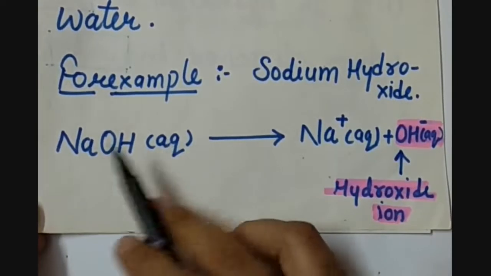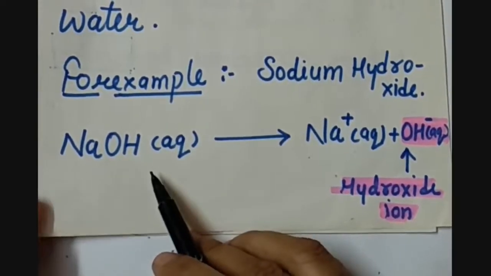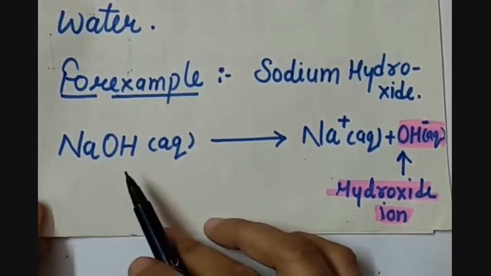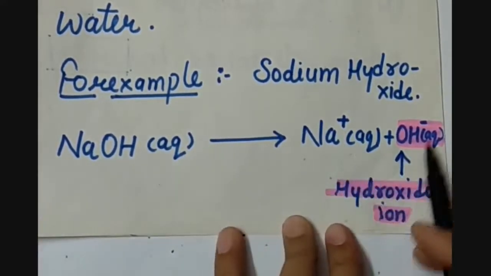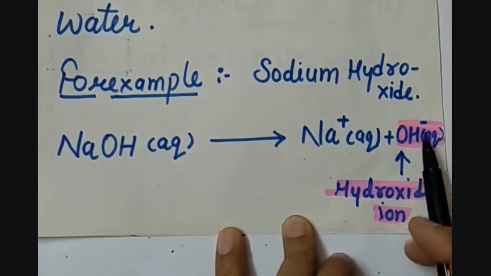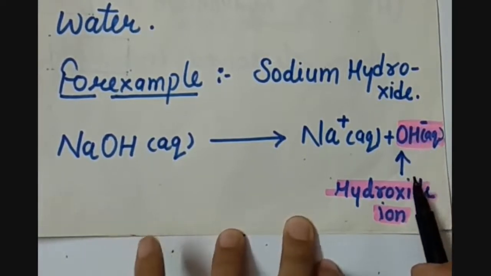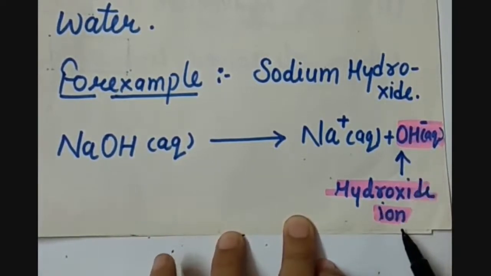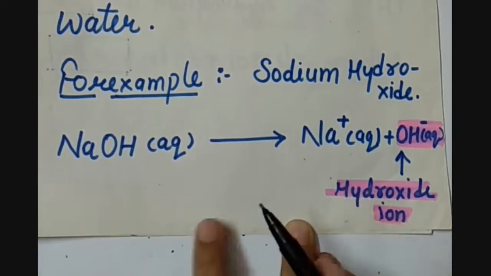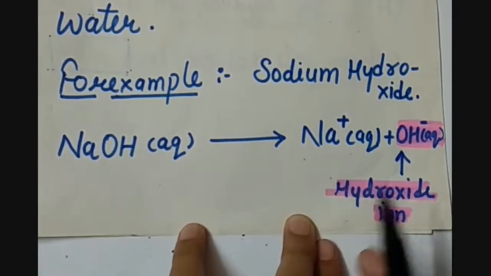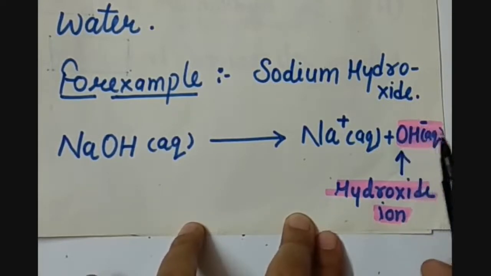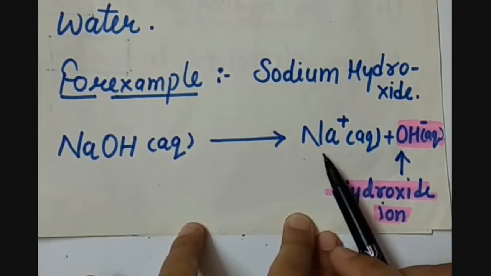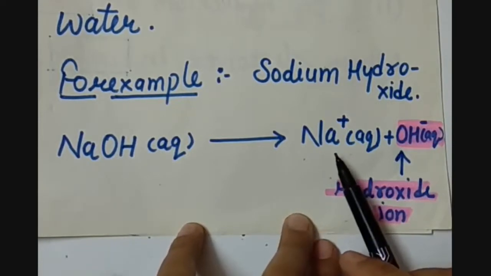When an aqueous solution of sodium hydroxide is formed, sodium hydroxide dissociates into Na plus aqueous and OH negative ions. OH negative ion is the hydroxide ion. So a base will always dissociate into two types of ions, in which it is compulsory that OH negative ion will be the only negatively charged ion and the positive ion can be anything.